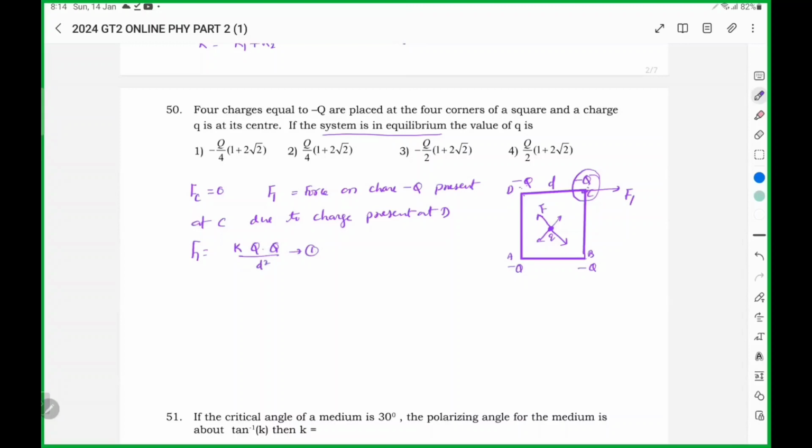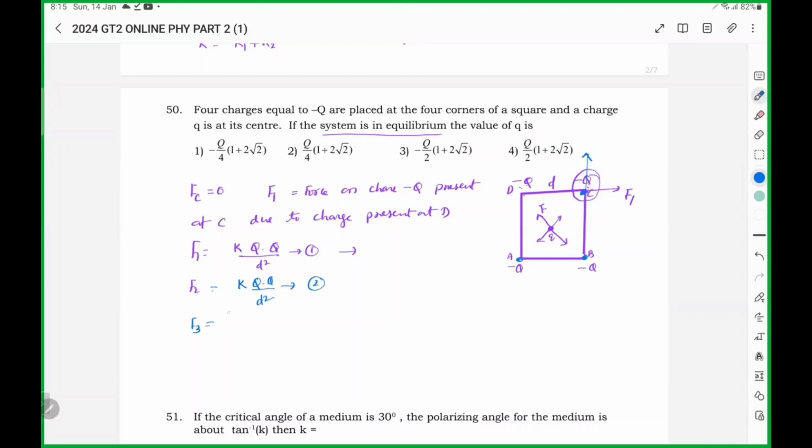And similarly F2, direction will be minus q, they repel. So this charge gets repelled by the charge present at B. That is also kq square by d square. Second. Here, force on minus q due to this, both are same charges.